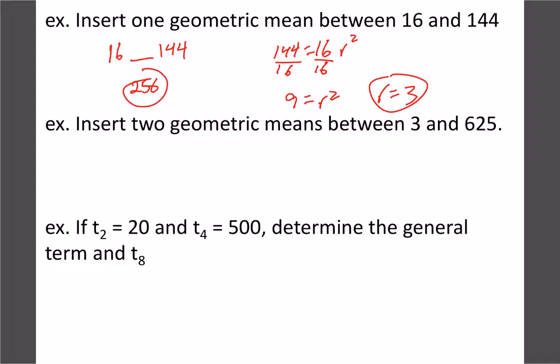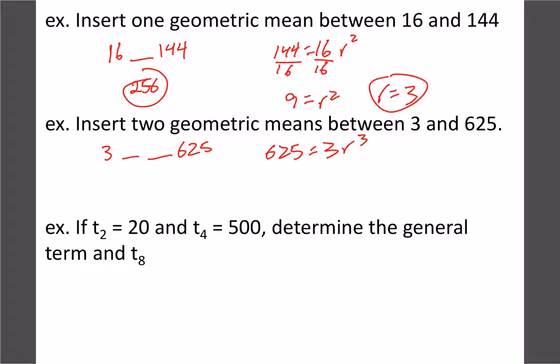Okay, so now same kind of question, we've got 3, we want two numbers in between 3 and 625. If we use the formula again, we'd have 625 equals 3, and r to the 4 minus 1, which would be 3. So 625 divided by 3 gives you a decimal. So there's actually a typo on this question, so let's clean this up a little bit.